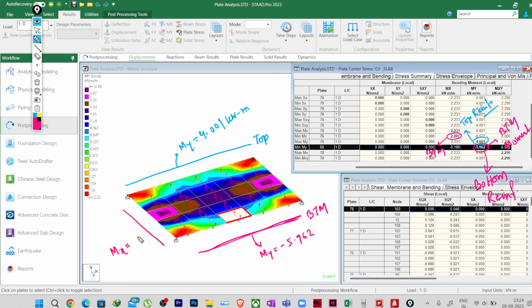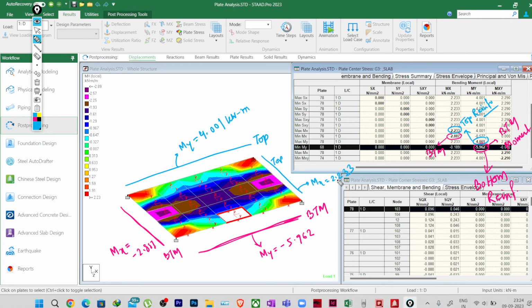So along this direction we will be providing reinforcement. This is my bottom, for minus 2.887. And if I draw the top reinforcement, this is my top, and the value for this is Mx equal to 2.233.